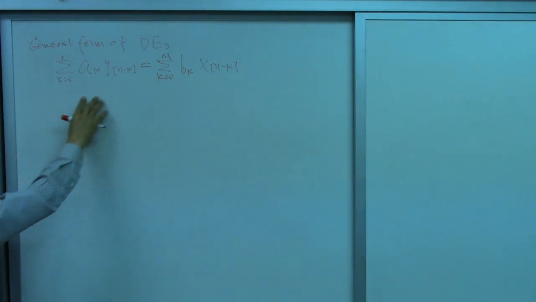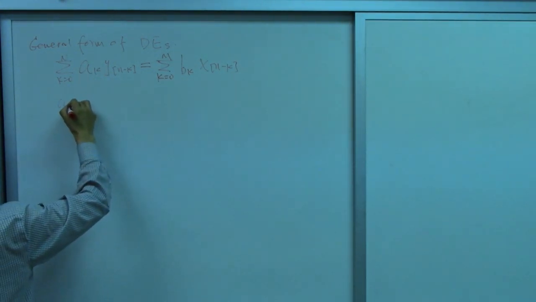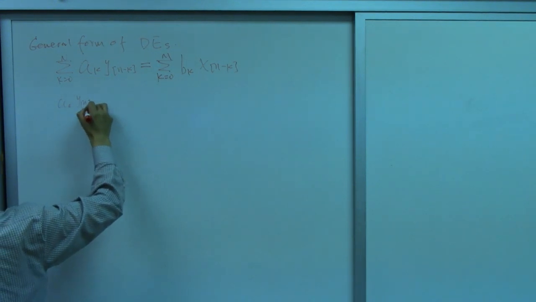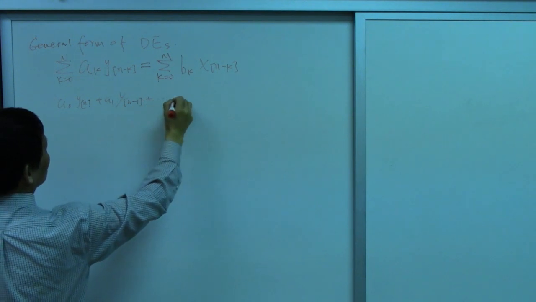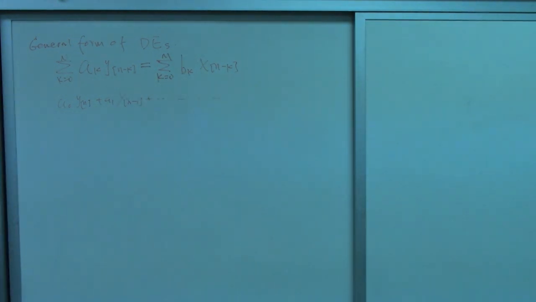And as we said, this term here, a0 yn plus a1 yn minus 1 plus and so on, equals something here. We would like to make a0 to be 1, so scale this one to 1. If you are given a system where a0 is not equal to 1, then you just divide both sides by a0. So we always make a0 equal to 1.